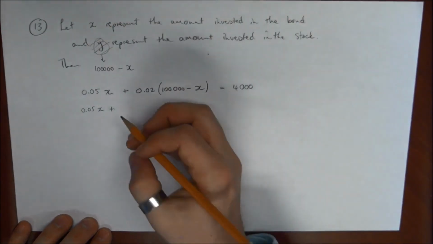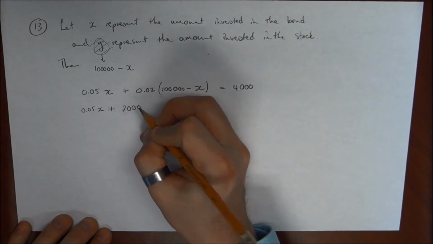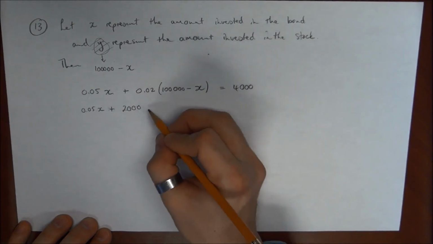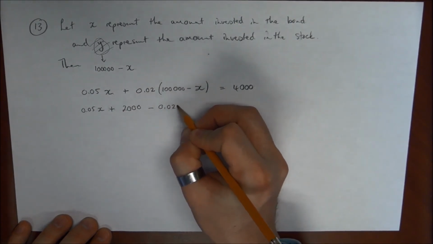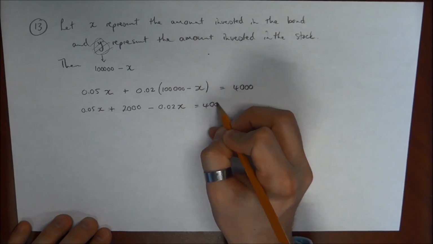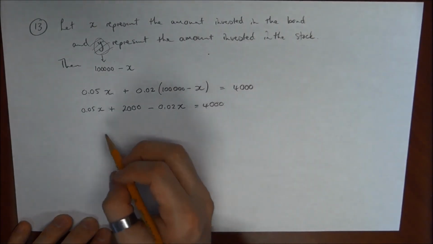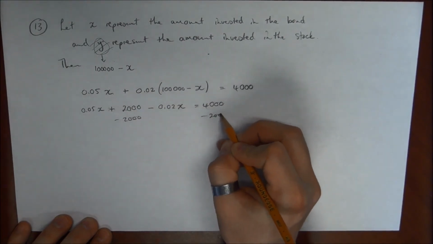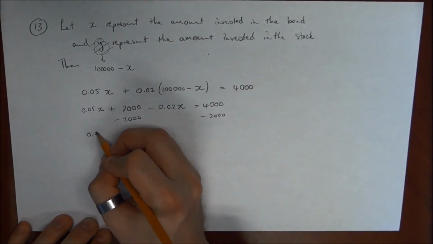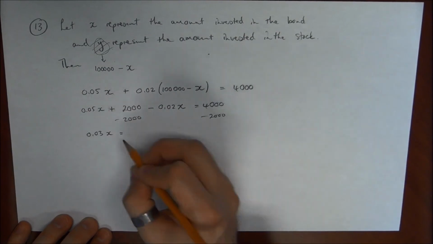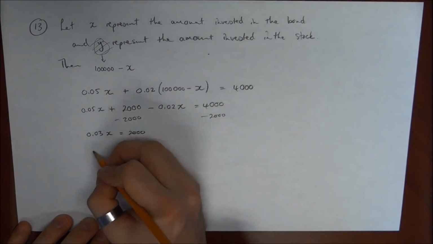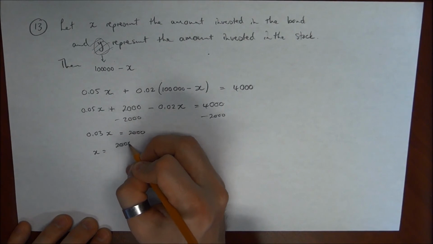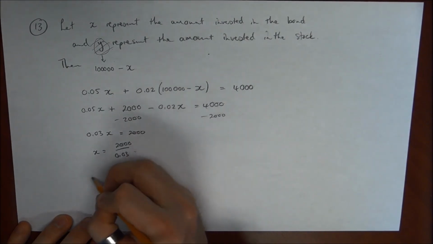There's no harm in using a calculator to be sure, especially in a test situation. I get 2,000 minus 0.02x equals 4,000. Now everything with an x on the left, subtract 2,000 on both sides to get 0.03x equal to 2,000. So x is equal to 2,000 over 0.03.